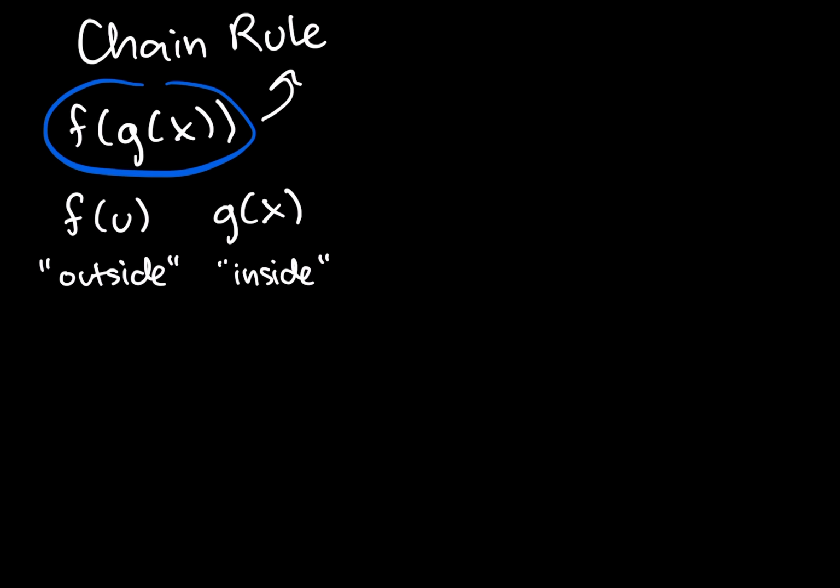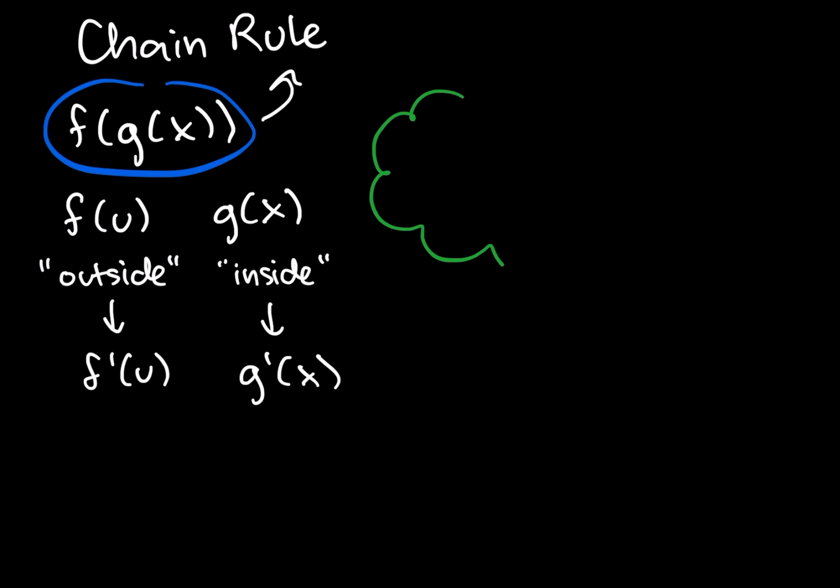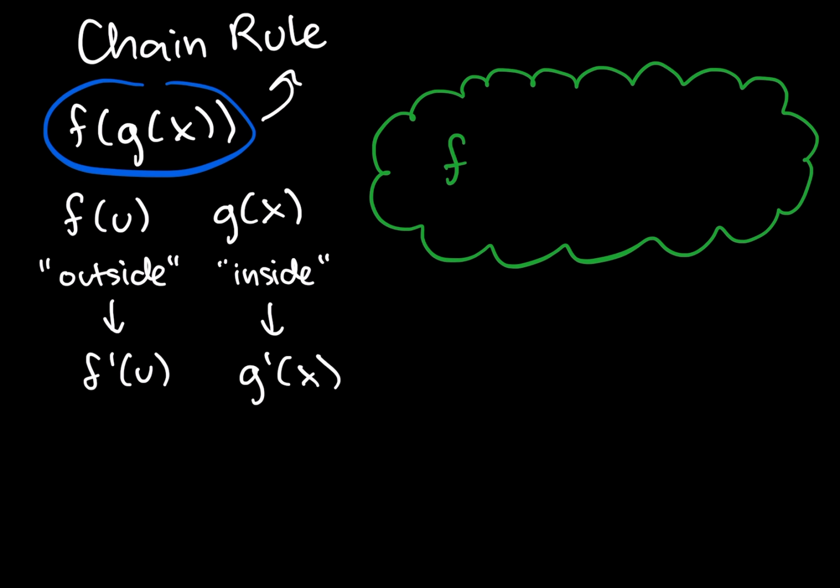And after you figure these out, you will then take the derivative of f of u and the derivative of g of x, and then they will be plugged into this formula over here. The formula for the chain rule is f prime of g of x times the derivative of g of x.